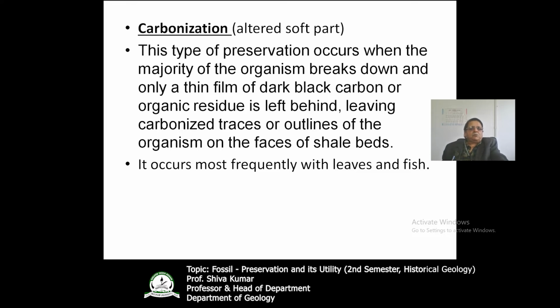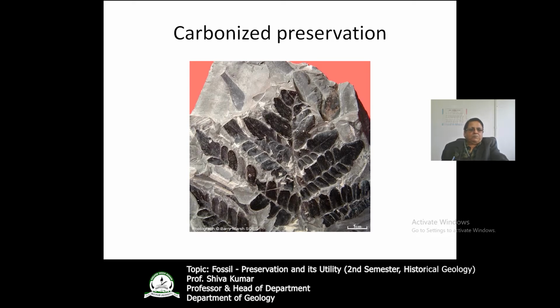It occurs mostly with leaves and fishes. The photographs are here. We have the fossil leaves Glossopteris and Gangamopteris, like this. This is carbonized preservation.